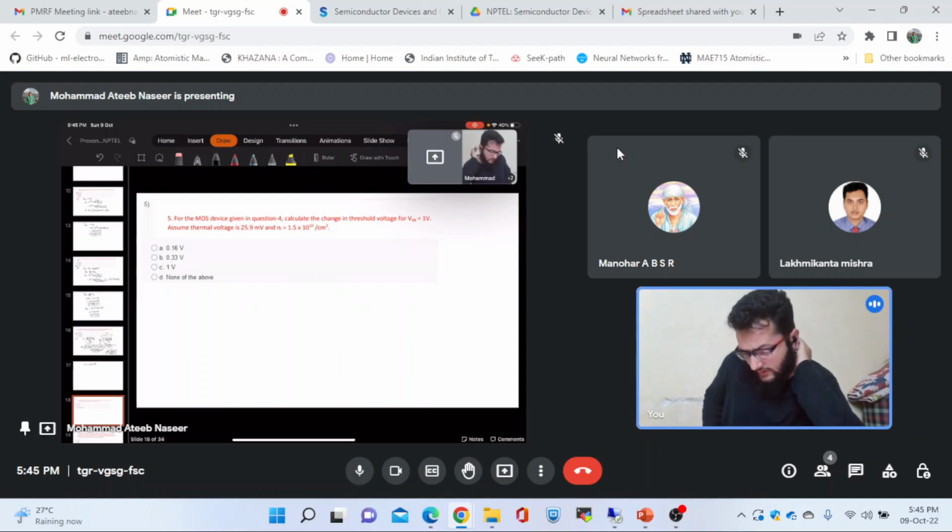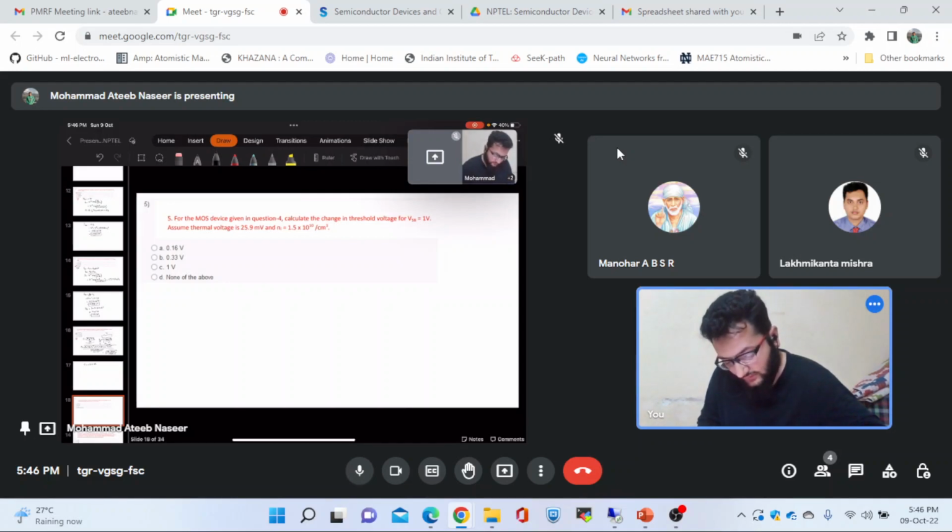Now for this MOS device, in the same question, we have been told to calculate the threshold voltage change for some VSB of 1 volt. That's why we found this gamma previously, so that we can use it in this question.